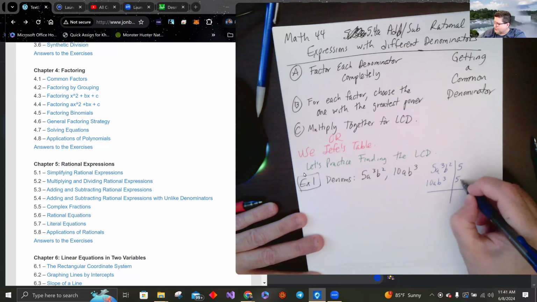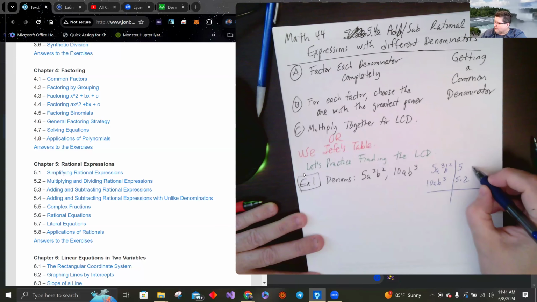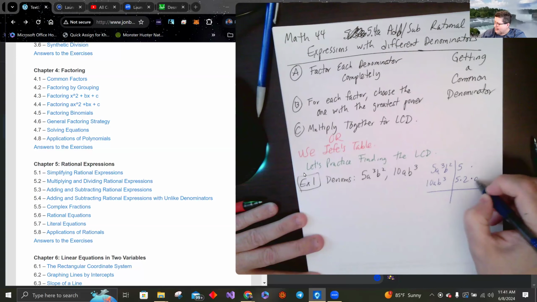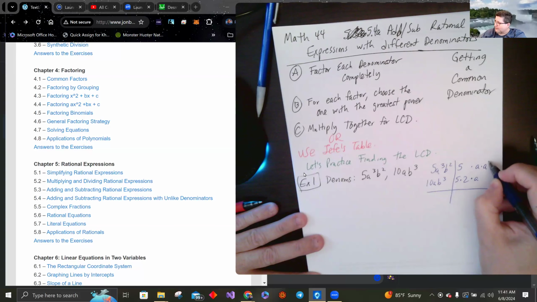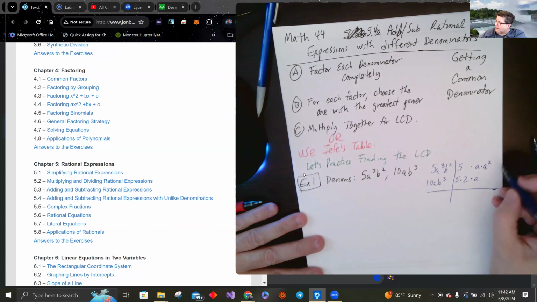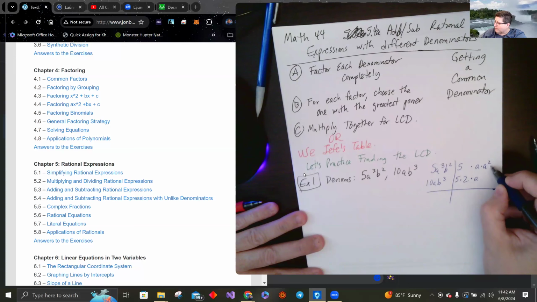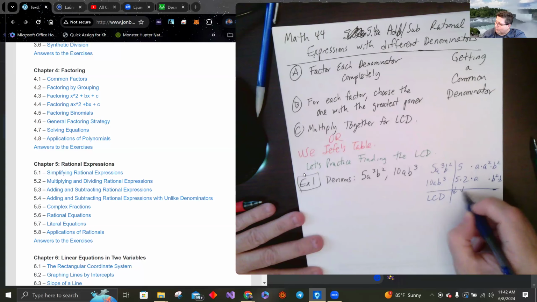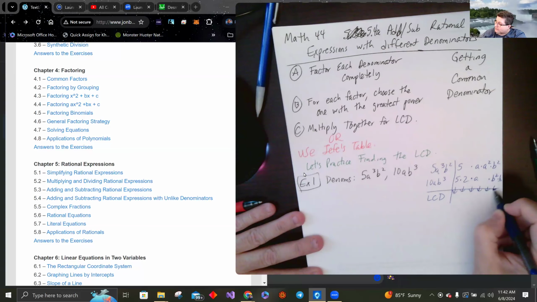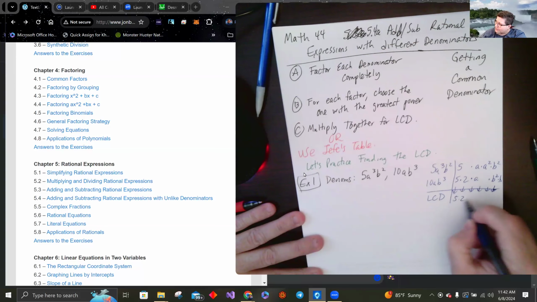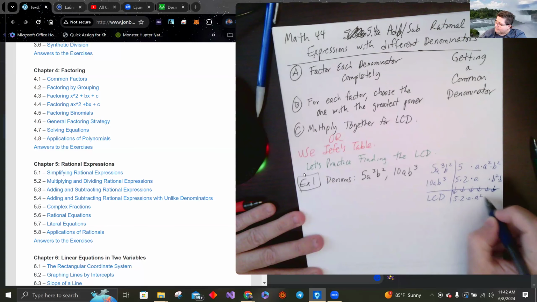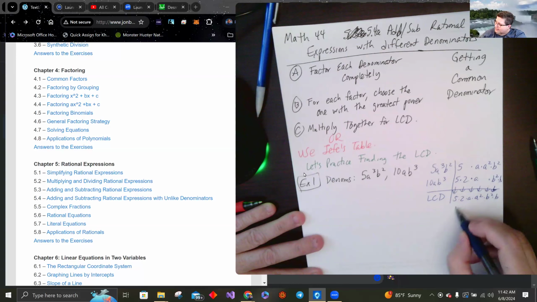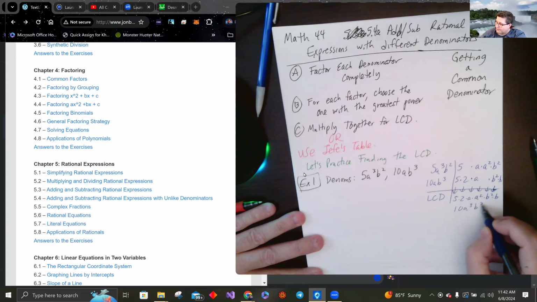This is 5 times 2. The smallest power here is a, so this is a times a squared. And this has a b squared. And this has a b squared and another b. And the LCD is one from each column: 5 times 2 times a squared times b squared times b. 10a cubed b cubed.